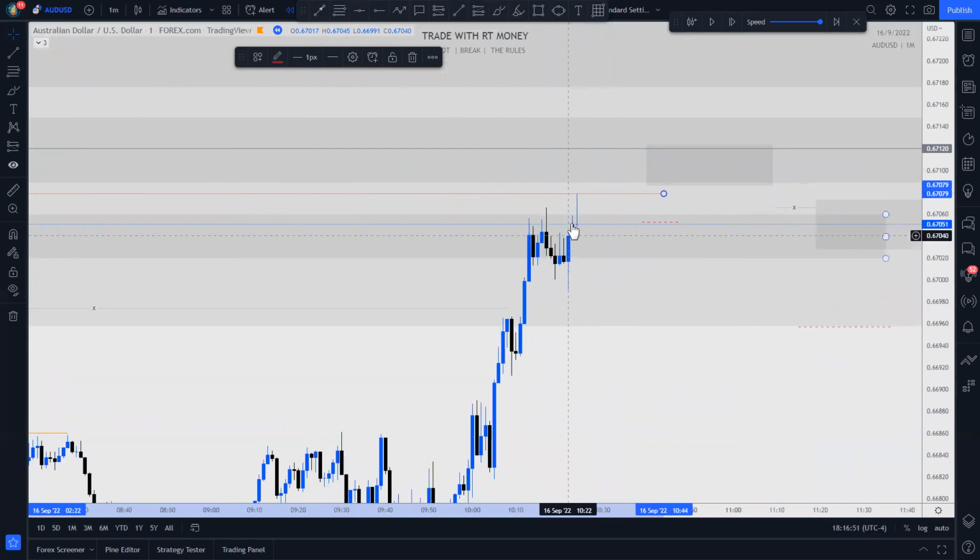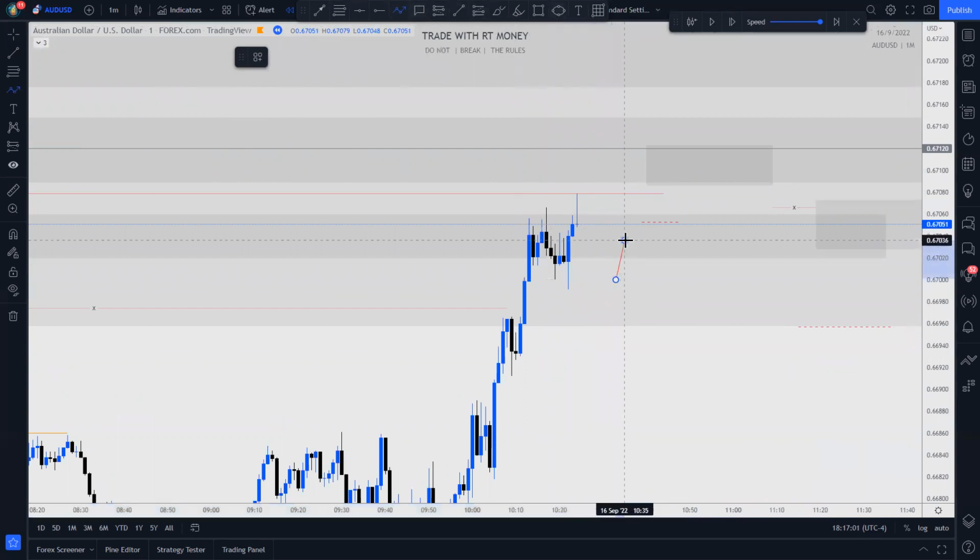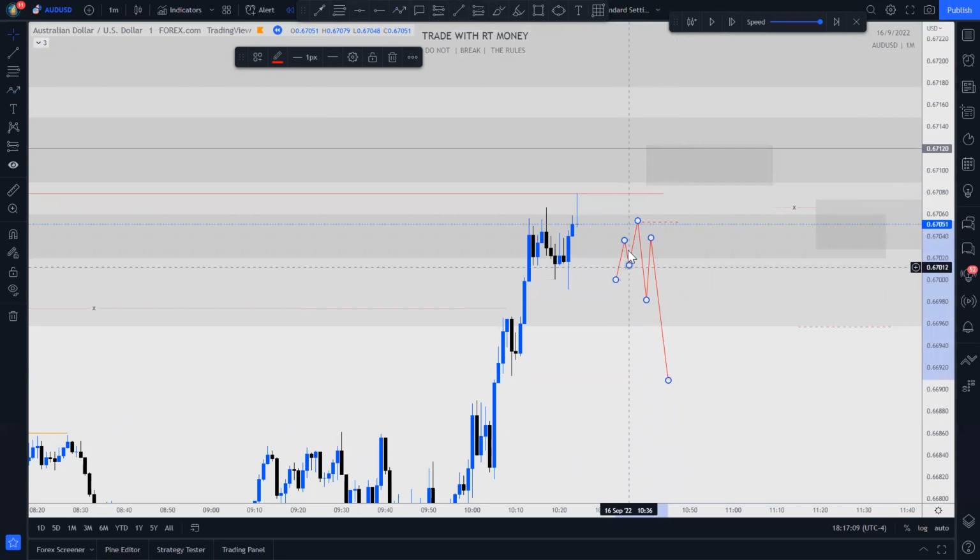I'm watching this, and again, I'm looking to see if price will break market structure to the downside, because like I already mentioned, I'm looking for some very specific kind of price action. I need to see that market structure being broken to the downside, and I'll take the pullback as long as it respects that high. That's going to be my entry, right?